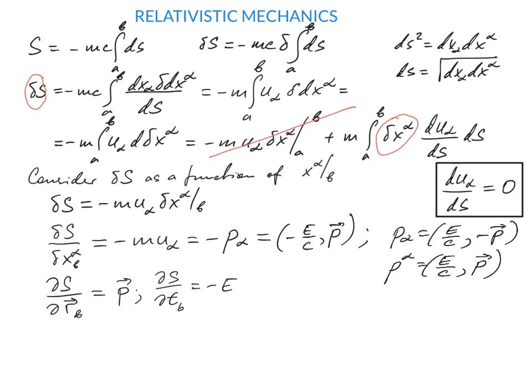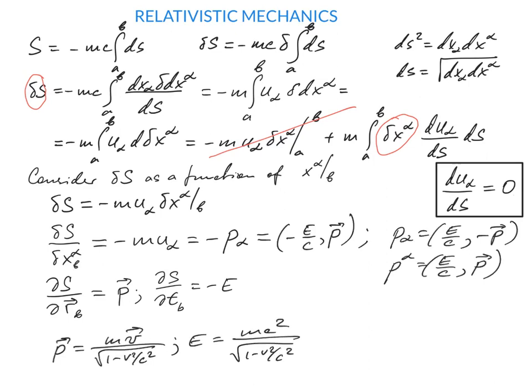Now, this is consistent with what we found before by projecting onto a given reference frame and using our knowledge from the representation through the Lagrangian. So remember, we found before that the momentum that follows from the Lagrangian looked like that, and the energy was mc squared over the square root of 1 minus v squared over c squared.